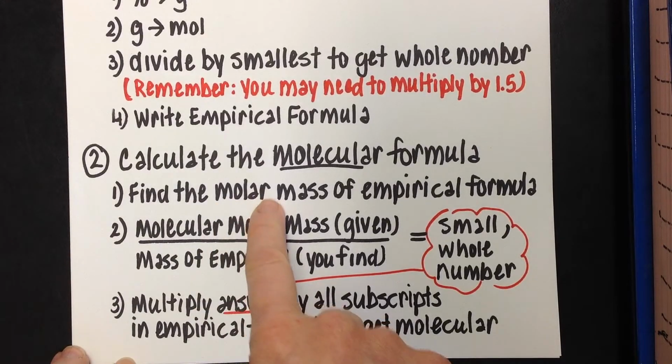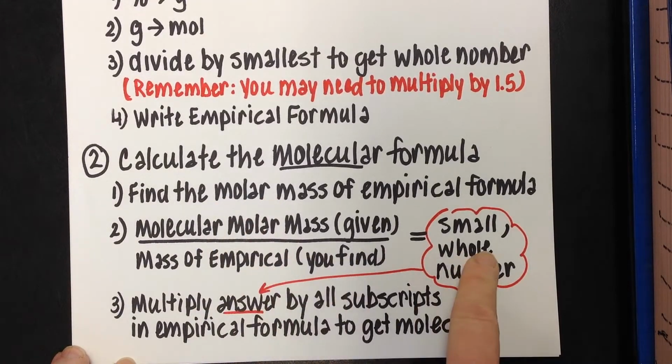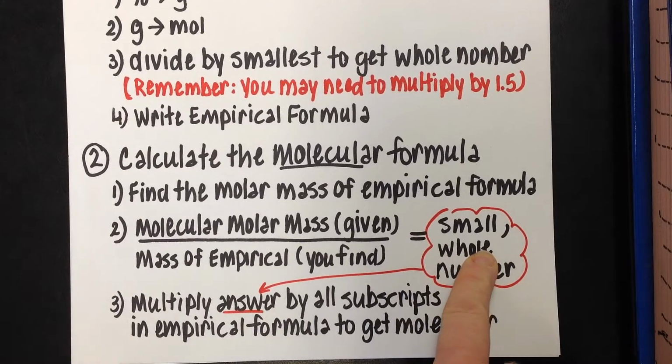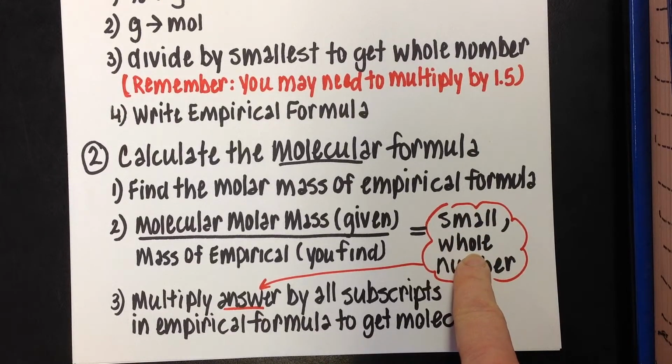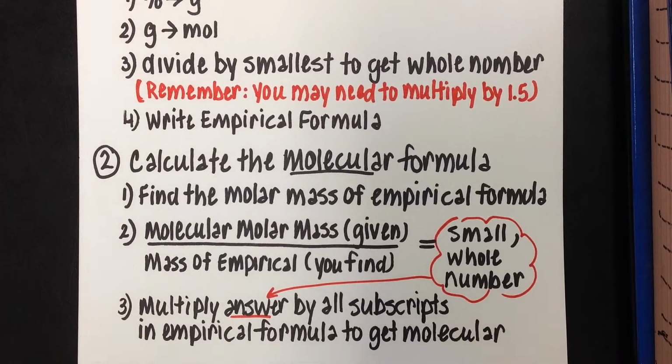It's going to be big number divided by little number. And the goal here is also to get one small whole number. That number is your multiple. You will then take that number and multiply it by all of the subscripts in your empirical formula to get the multiple of the empirical formula, which is called the molecular formula.